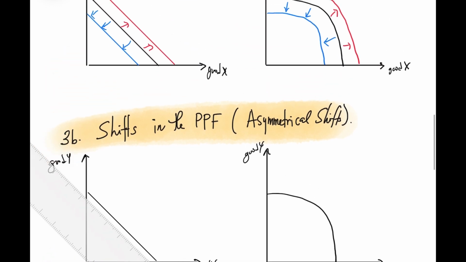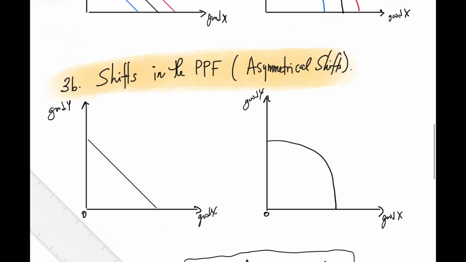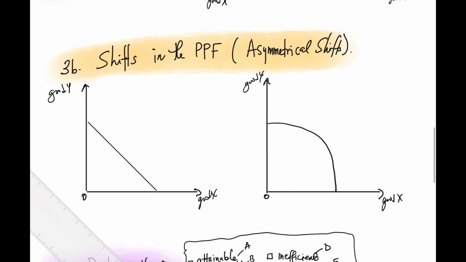Okay, so I have both the linear and the bowed-out PPF. An asymmetrical shift means that there will be an outward shift only in one of the goods. So say in good X, there's an outward shift, but not in good Y. What would that look like?